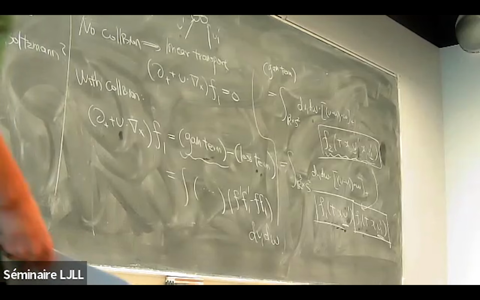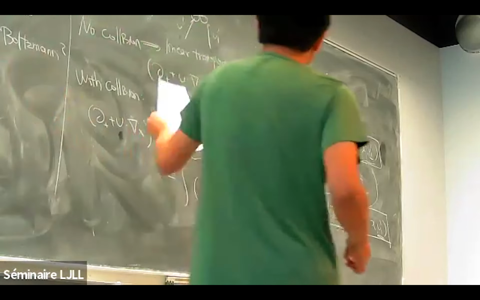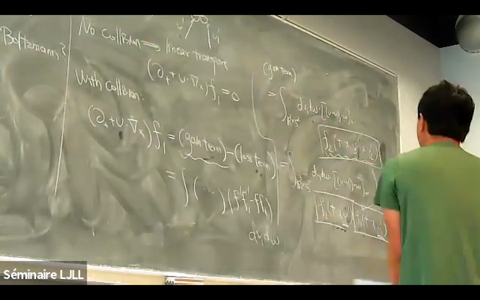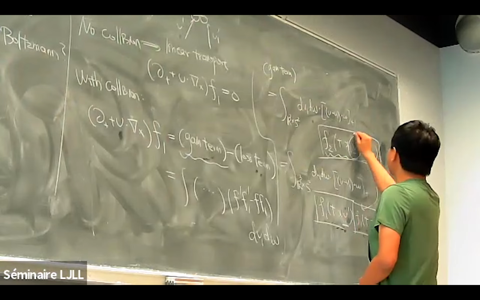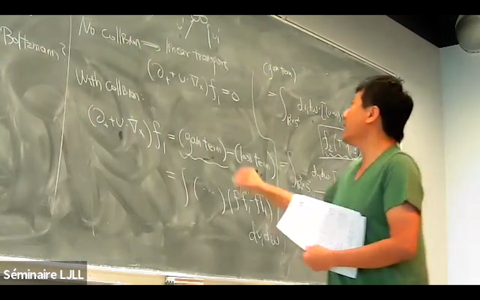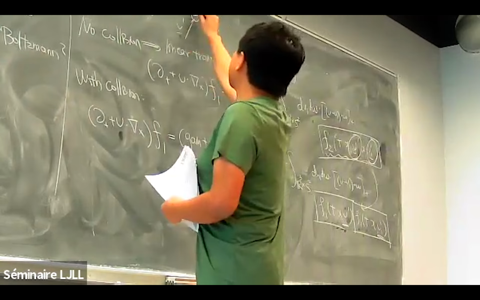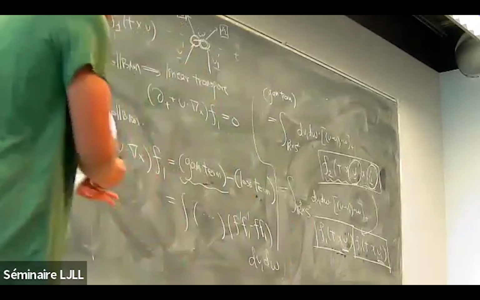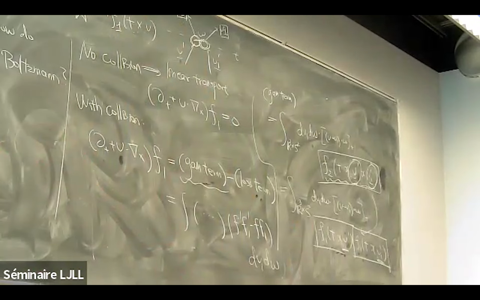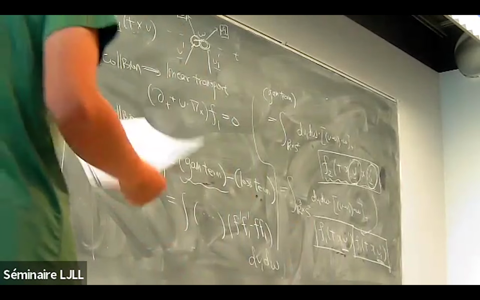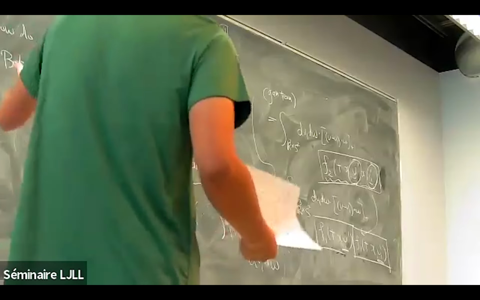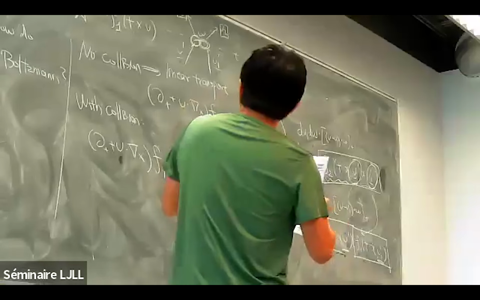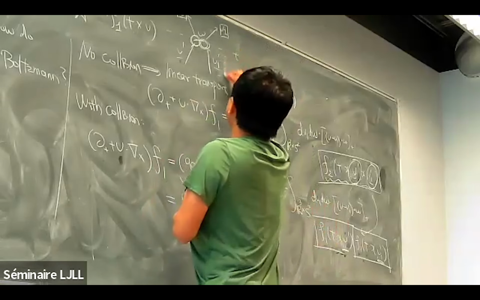The observation is that you don't need the independence of all the particles. Remember, in this formal derivation, you only need the independence of this particle and this particle, and these two particles are supposed to have a collision at this time t. So in order to justify the Boltzmann equation, we don't need every particle to be independent. We only need those particles involved in the collision here to be independent for the time between 0 and t.